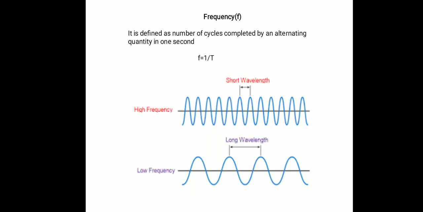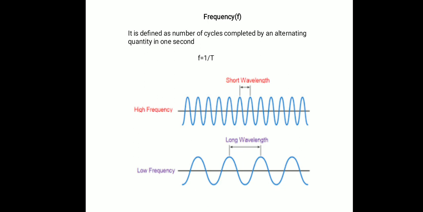Okay. Then frequency. So what is frequency? It is defined as the number of cycles completed by an alternating quantity in 1 second. So in 1 second it can complete multiple cycles. How many cycles it can complete in 1 second represents the frequency. So in 1 second it can complete 2 cycles, 3 cycles.